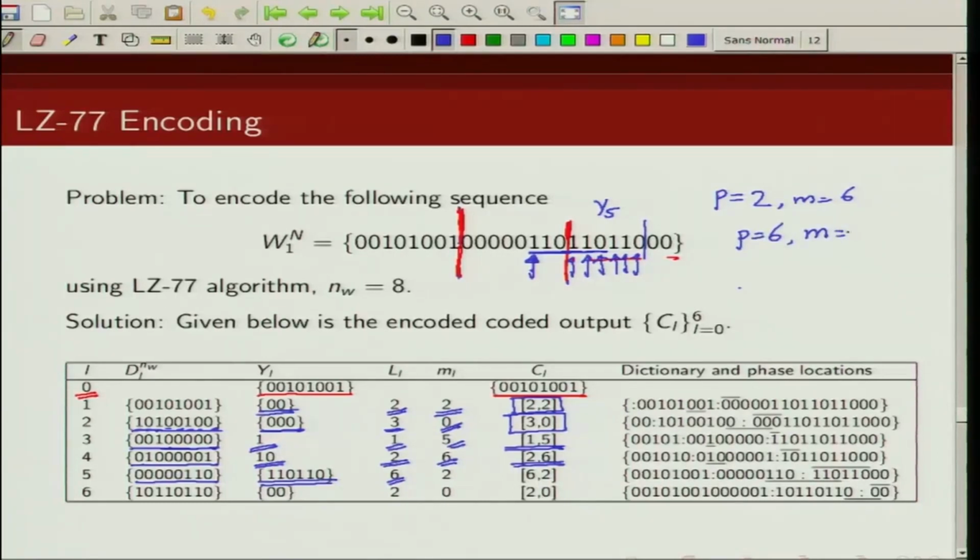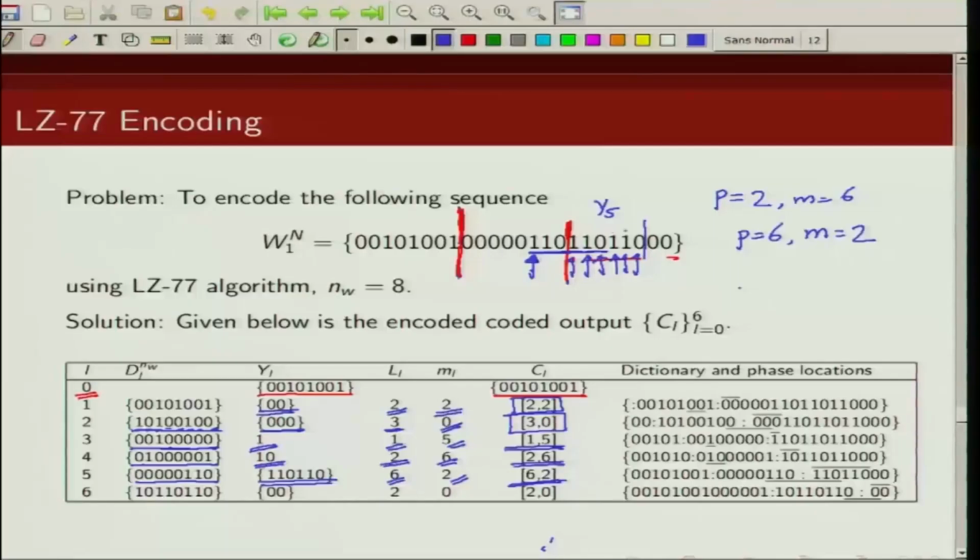Then m corresponds to nw, which is 8 minus p. So 8 minus 6 is 2. This is my m. So corresponding to this string, my code word is 6 and 2.